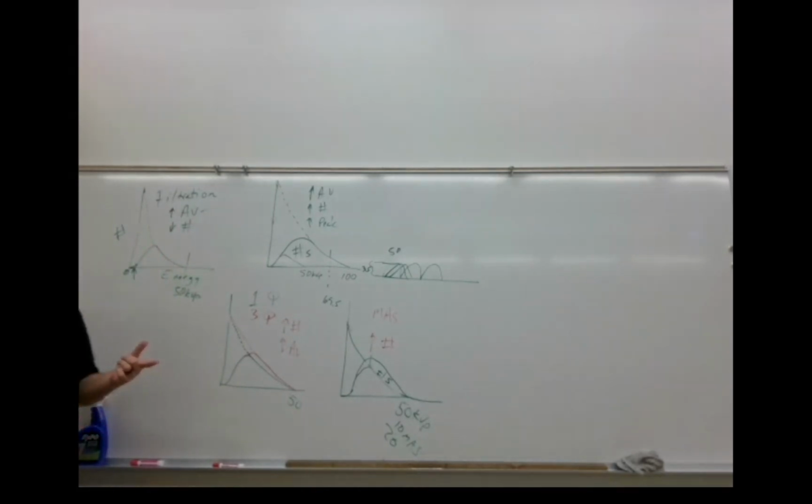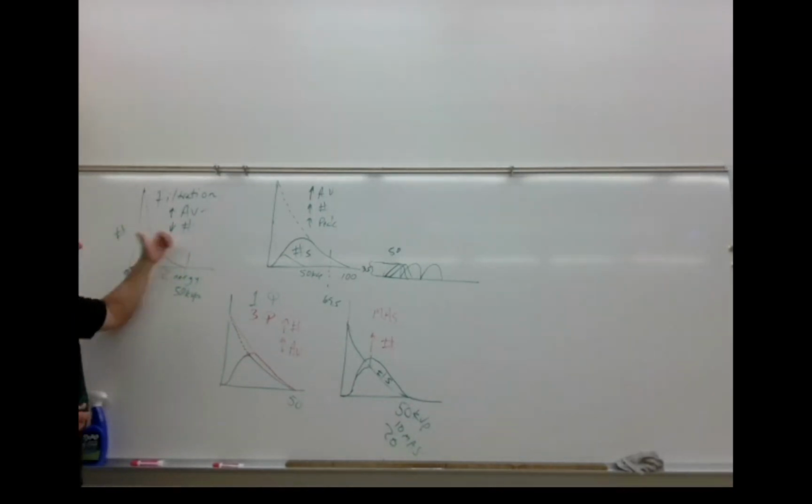Considering the different types of interactions inside of the patient, how many transmit proportionally through the patient without interaction? Just in a word, a lot or a little? Not many. So how many transmit through the patient scattered compared to PE? A lot more, right? So anything that increases that energy is going to increase that scatter, proportionally.